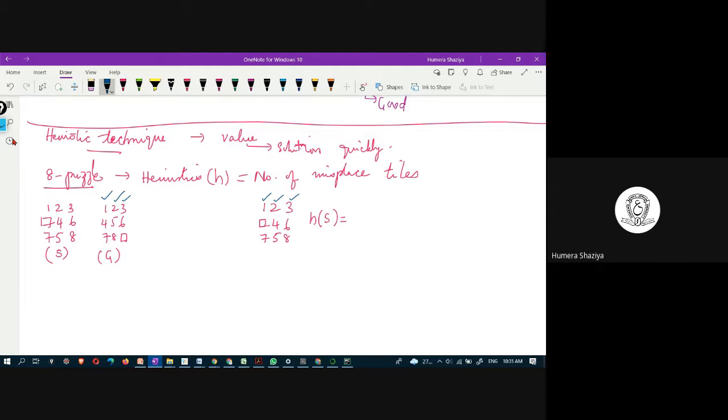Don't consider the empty tile, consider only the numbers. Four is misplaced, so one. Six is correctly placed, seven is correctly placed, five, 4 comma 5. 5 is not placed correctly, 4 wrong, 5 wrong. 8 is also not placed correctly, comma 8, which is equal to 3. Heuristic value is 3.